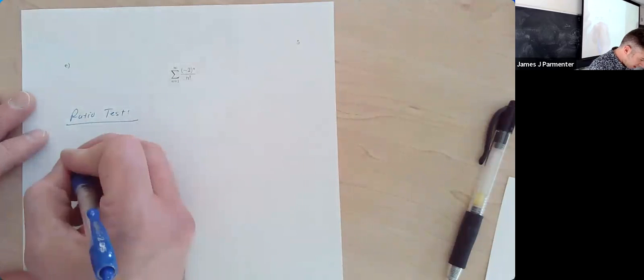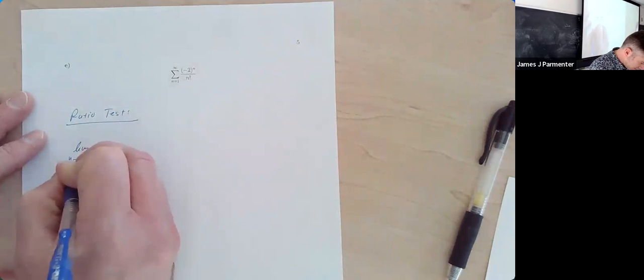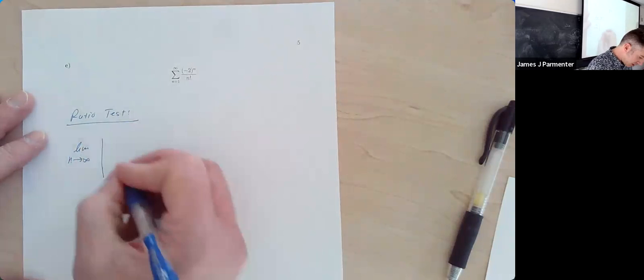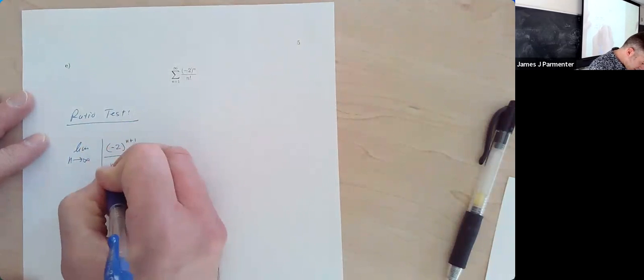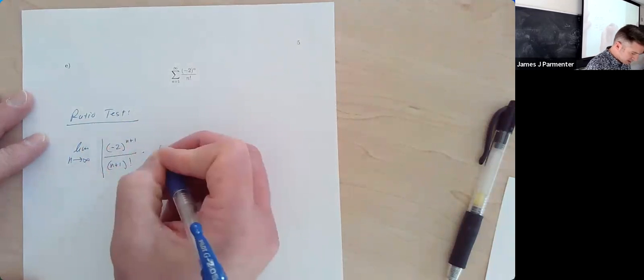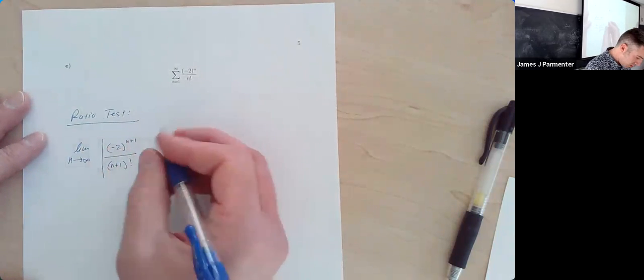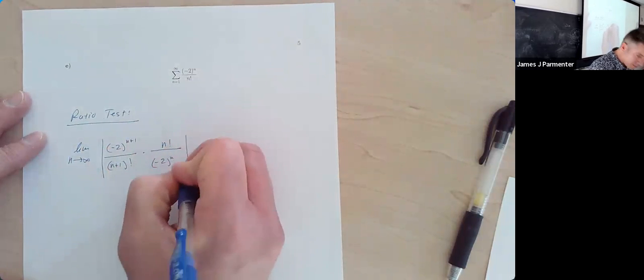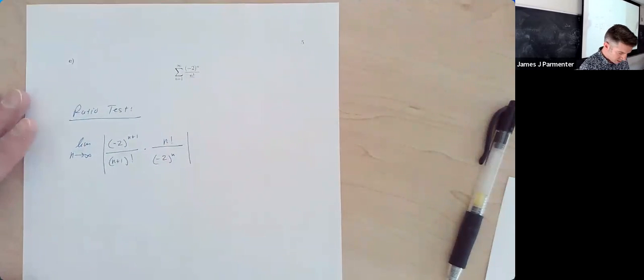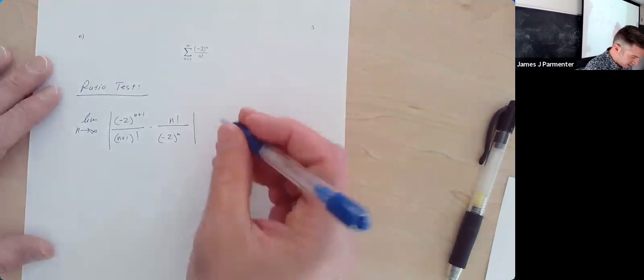So I'm going to write this as the limit as n goes to infinity of my n plus 1 term, negative 2 to the n plus 1 over n plus 1 factorial, times the reciprocal of the a_n term, which is n factorial over negative 2 to the n. Then, as we always do with the ratio test, we group like terms.